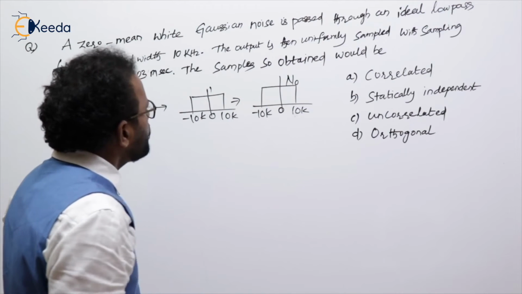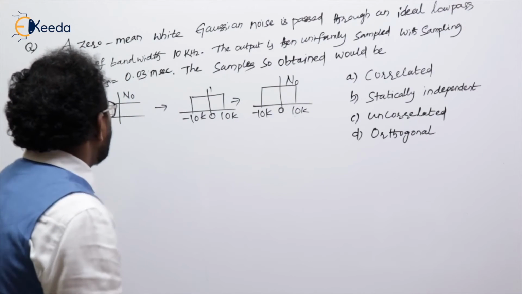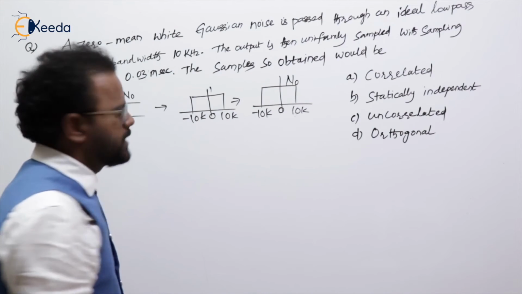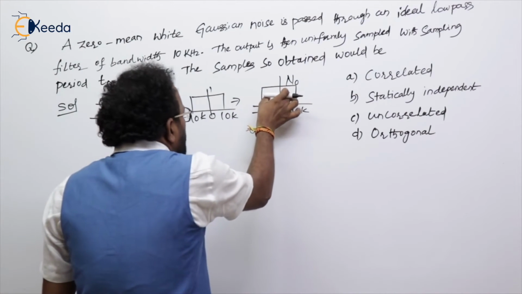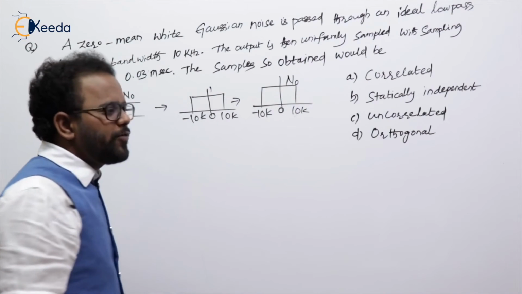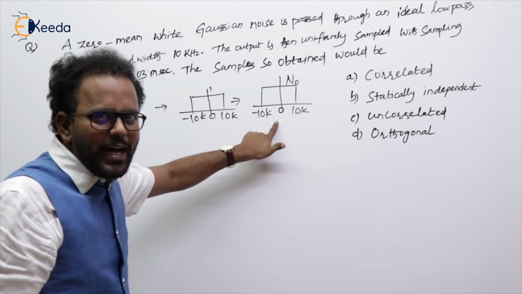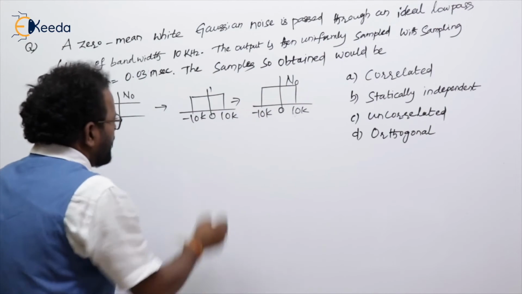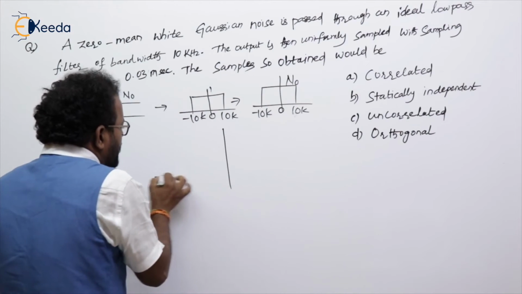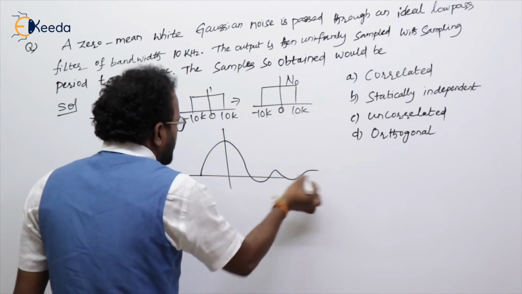Now the output is uniformly sampled with a sampling period Ts equal to 0.03 millisecond. This is the output of the filter that is sampled. What is the output of the filter? You got a rectangular pulse. For this one, calculate the Fourier transform. If you calculate the Fourier transform of a rectangular pulse, you will get a sinc function like this.